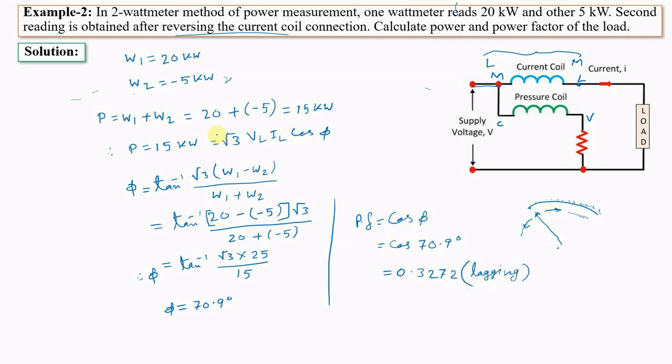Because here we can see that the first wattmeter reading is greater than the second wattmeter reading. That means the nature of the load is resistive inductive. So for RL type of load, we have already discussed in the theory class, W1 should be greater than W2. So from this value of W1 and W2, we can easily understand the nature of the load is resistive inductive. That's why the power factor here is lagging power factor.